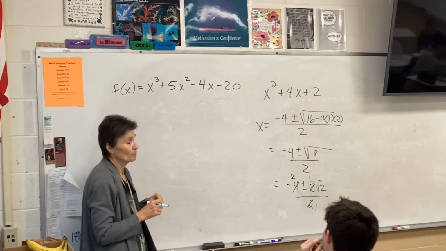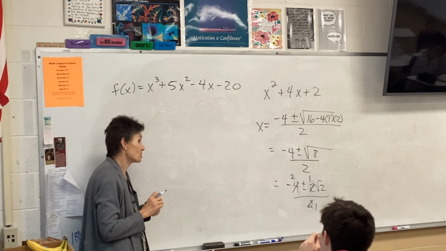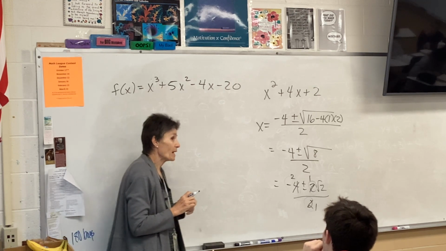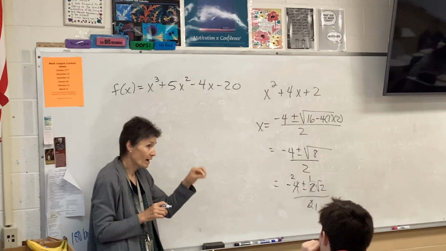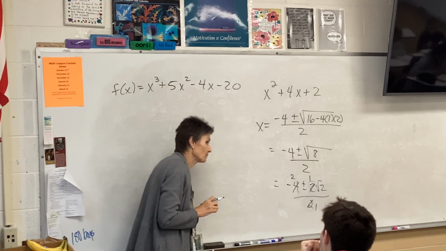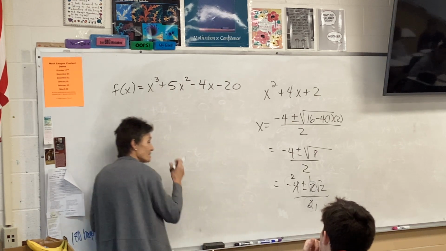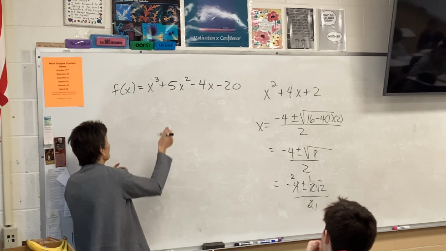If you're comfortable factoring by grouping, then you can factor this one by grouping. If it doesn't say find the PRRs, then it probably factors by grouping. But if you want to do PRRs and go through the process of guessing and dividing, that will work too. I'm going to factor by grouping.